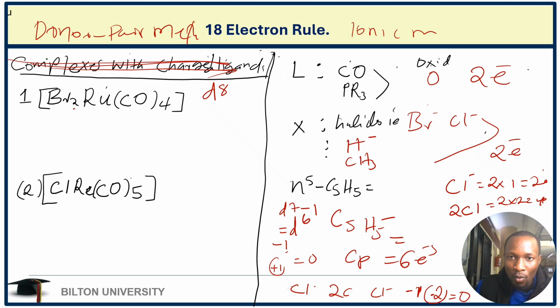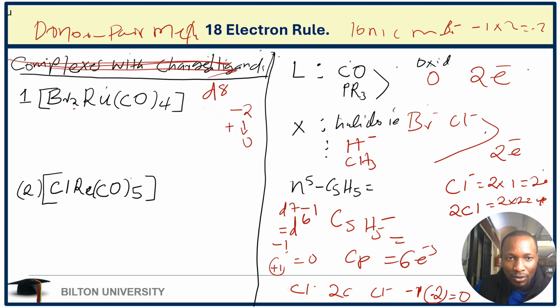And we have said that 1 bromine has been assigned a charge of -1. And there are 2, so it's going to be -2. Carbonyl, which is an L-type, has been assigned a charge and oxidation state of 0. So it means that the overall charge here is -2, which has been contributed by bromine. So therefore, we need 2 electrons from the metal to balance these 2 electrons so that it can come to 0.